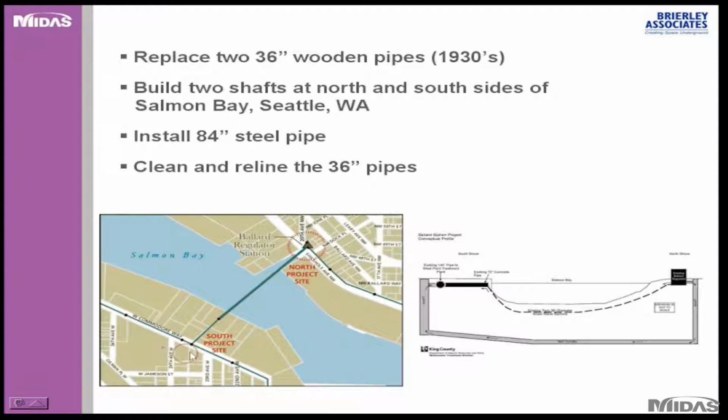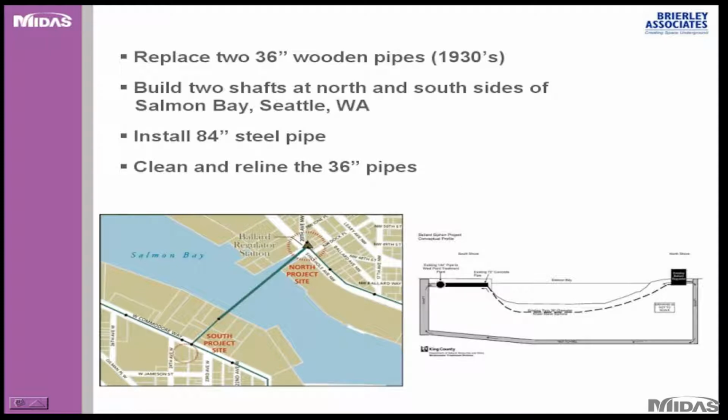The VSM was used for the launching shaft, and the secant pile system, or support system, was used for the retrieval shaft. The launching shaft was significantly deeper than the retrieval shaft. The depth of the launching shaft is about 150 feet, and for the retrieval shaft it was about 85 or 90 feet.